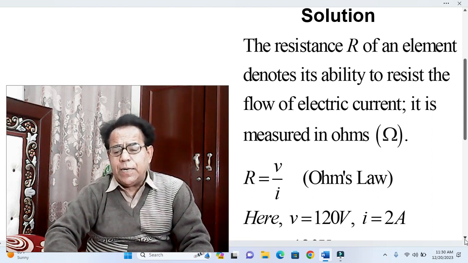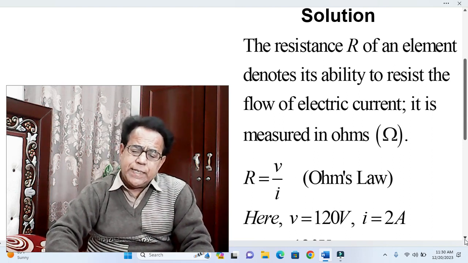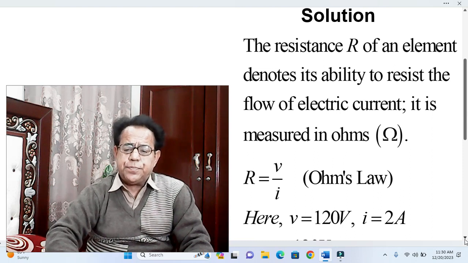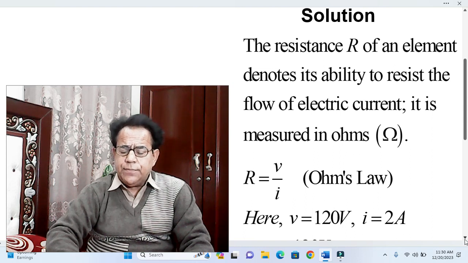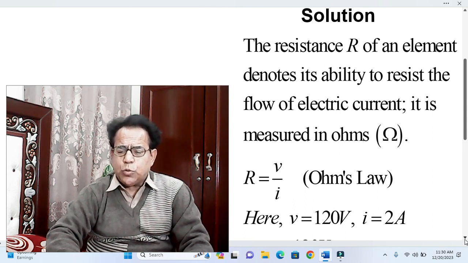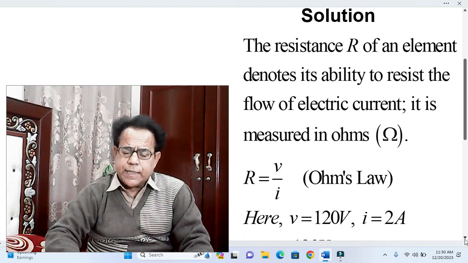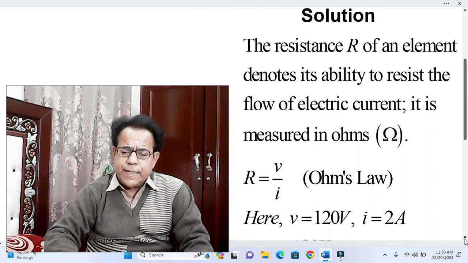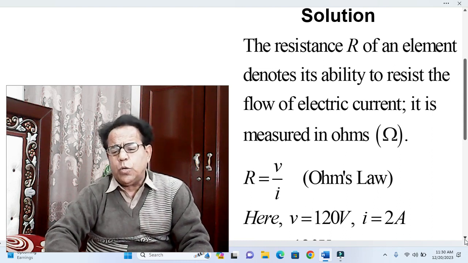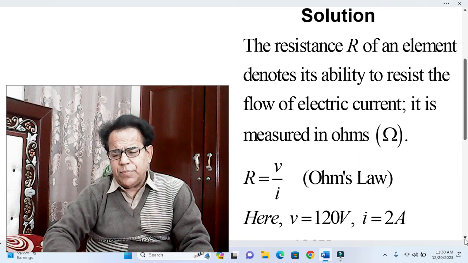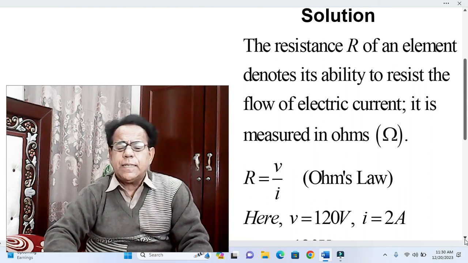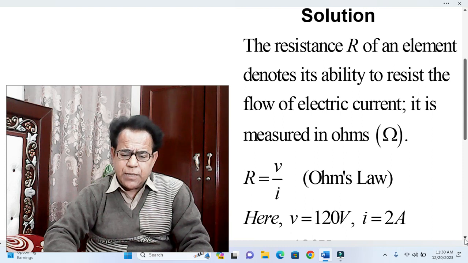Here it becomes relevant to point out that resistance and conductivity are reciprocal of each other. This is the ability to resist, while conductivity is its reciprocal. Greater the resistance, lower the conductivity; lower the resistance, greater the conductivity. Conductivity is not our primary concern here, but because it has become relevant, we have talked about it a little.